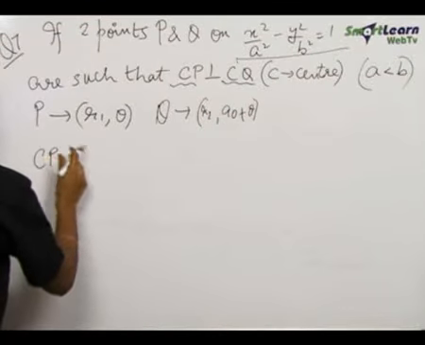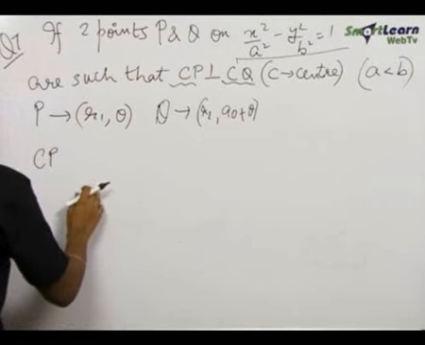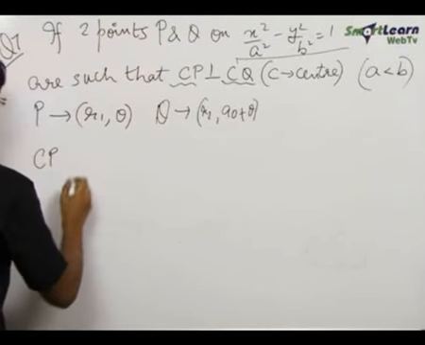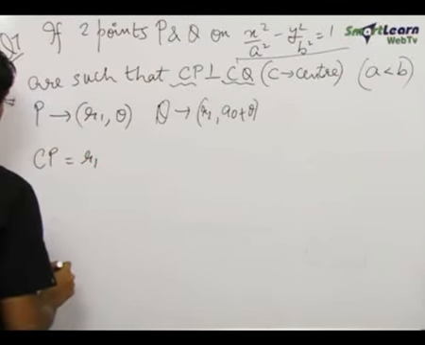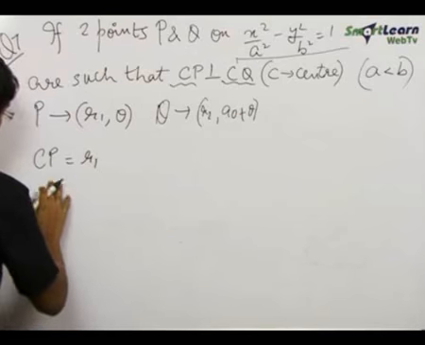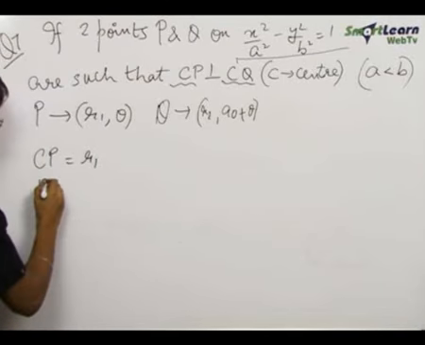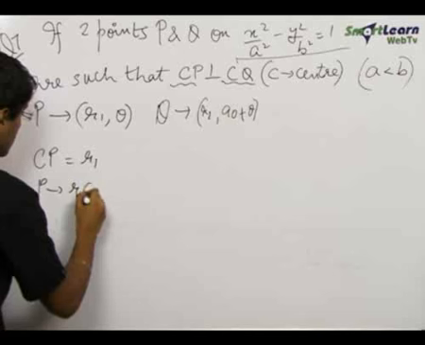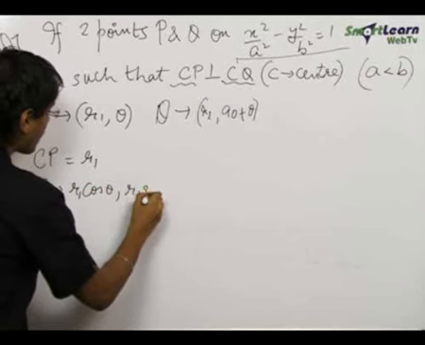So the point P will be equal to r1 cos theta comma r1 sin theta.